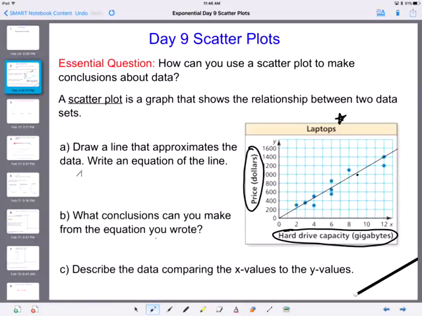So our slope, or our m, we can find from two ordered pairs. So I know one ordered pair is at 0, 0, and I know that my other ordered pair is at 12, 1400.